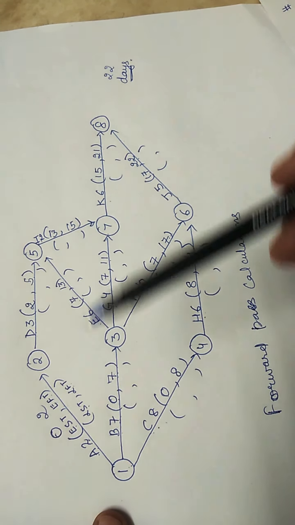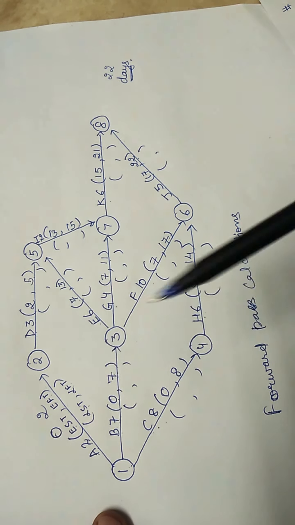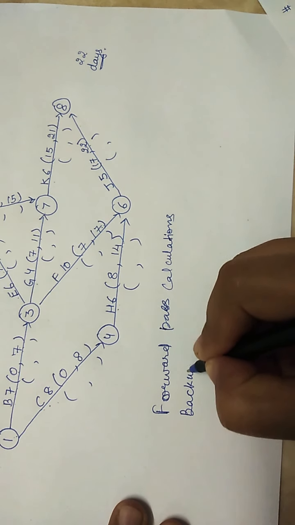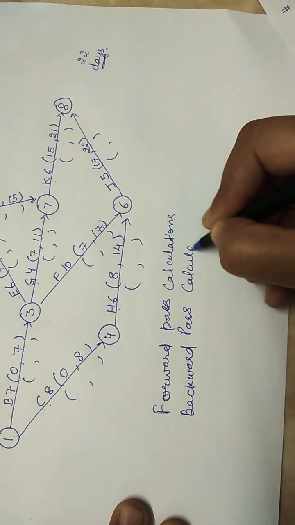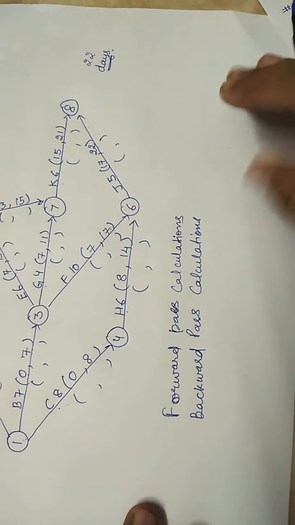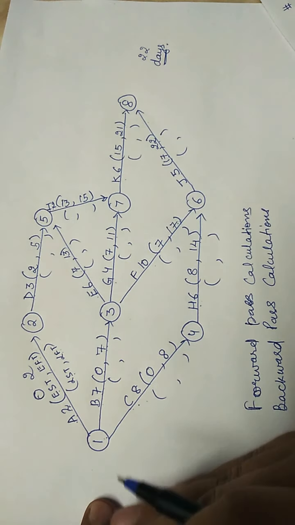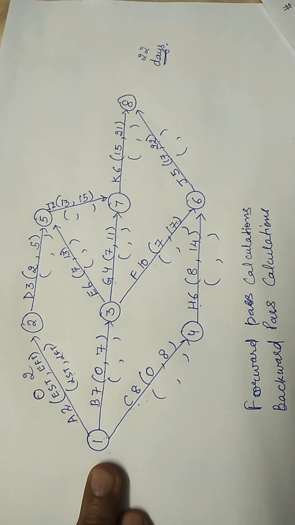Now we will have to calculate latest start time and finish times. How is that calculated? That is calculated using backward pass calculations. They are also very simple, similar to forward pass, but now we will be moving backwards, that is from 8 we will come back to 1.